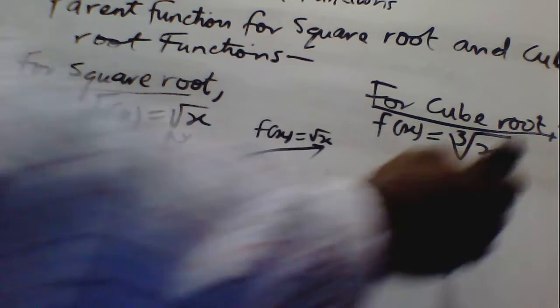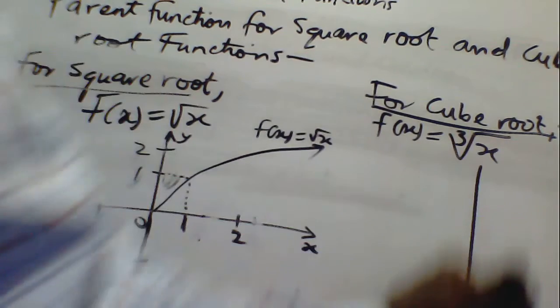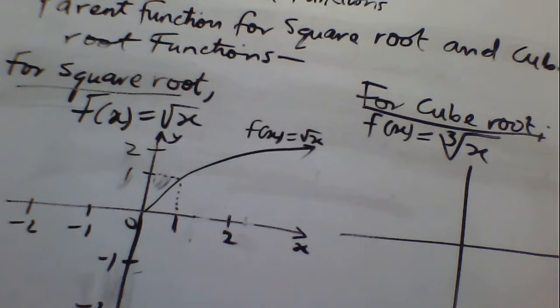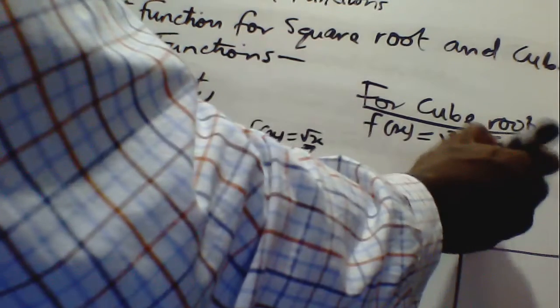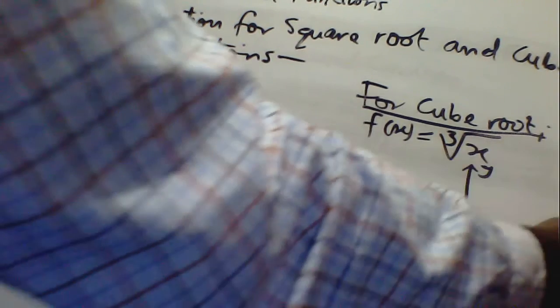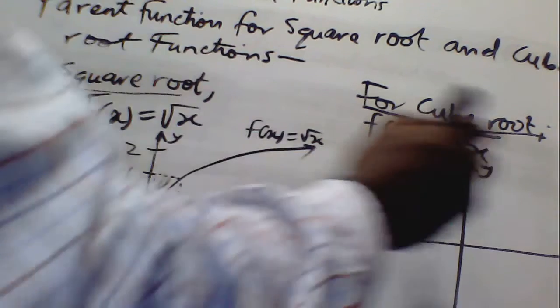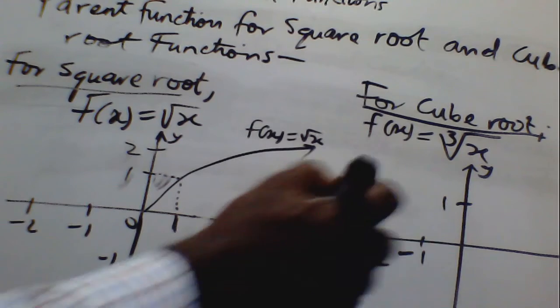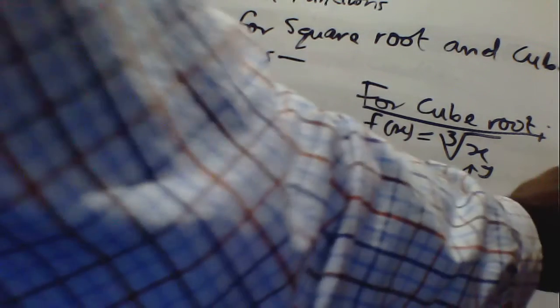And also we have the cube. The cube will look like this. I hope you are following. Here is the y axis, here is the x axis, here is 1, minus 1, minus 2. So the graph will look like this.